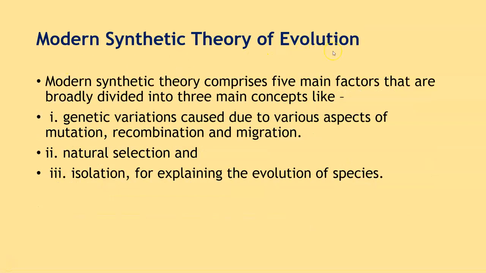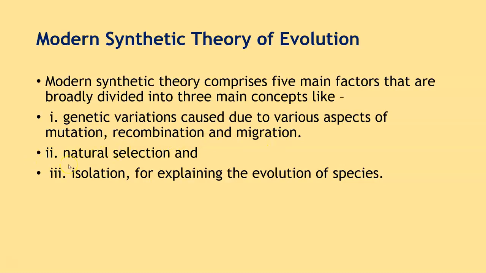Students, the modern synthetic theory of evolution comprises 5 main factors that are broadly divided into 3 main concepts. The first is genetic variation, which can be caused by various aspects: mutations, followed by recombinations, and then migrations.